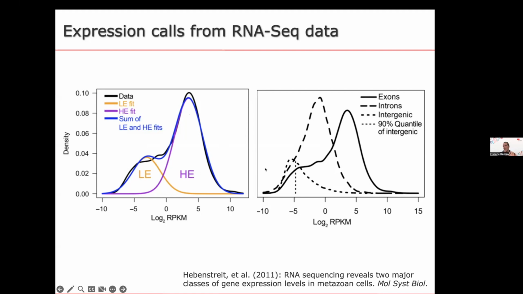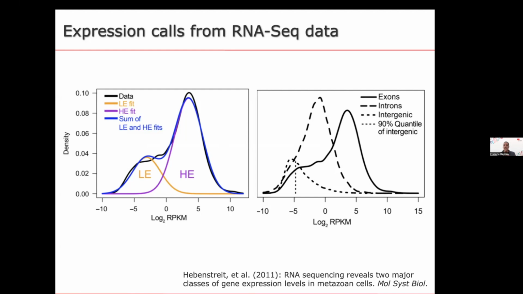And what we see is that the distribution of these non-expressed genes, well, they match closely the distribution of intergenic reads. So again, intergenic regions, they are not supposed to be expressed, but because of the stochastic noise of the cellular machinery and because of the experimental noise, these regions, they still receive some reads.